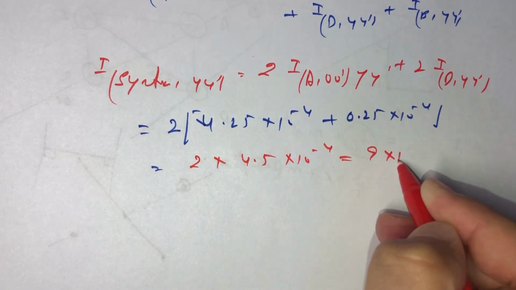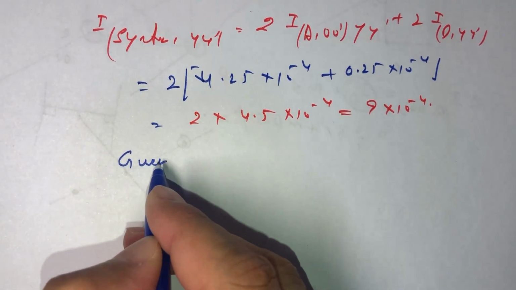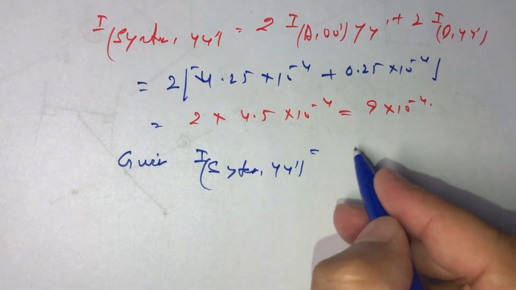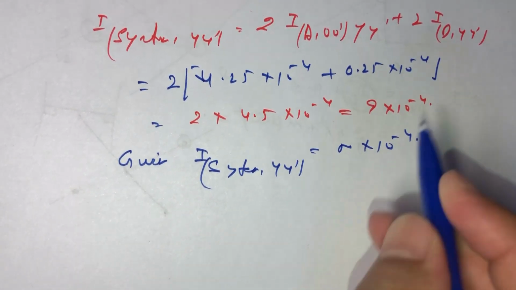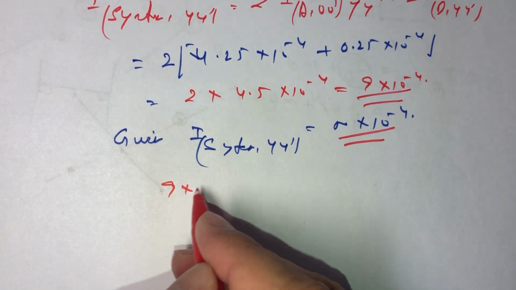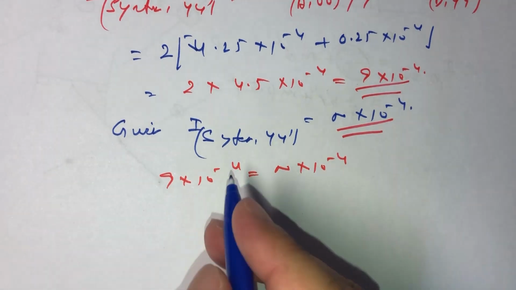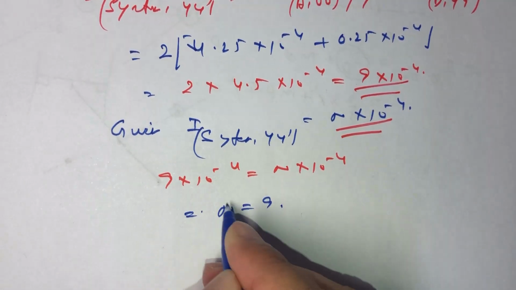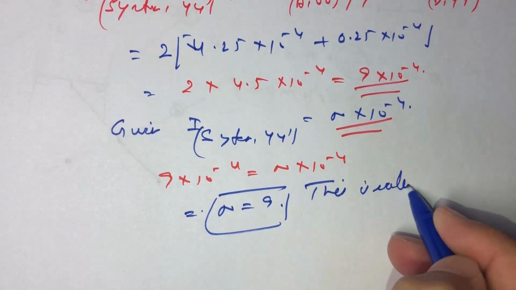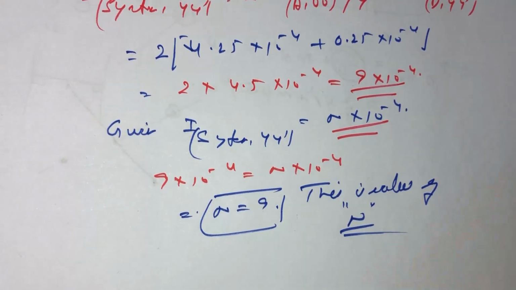So this will be 9 into 10 to the power minus 4, and it is given that the system moment of inertia with respect to the diagonal axis, that is y prime, is n into 10 to the power minus 4. So making comparison, we can say 9 into 10 to the power minus 4 is equal to n into 10 to the power minus 4. So from here we get that value of n is equal to 9. So this is the value of n. So this completes the question. Thank you.